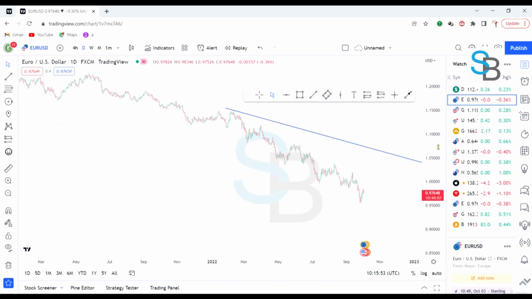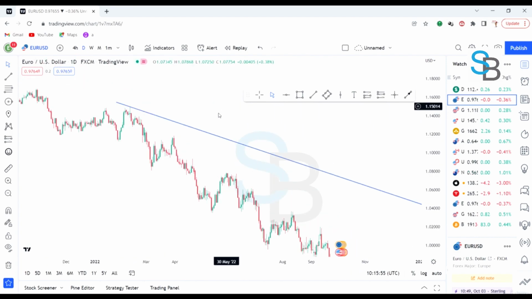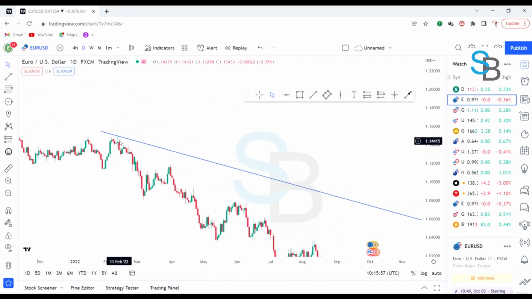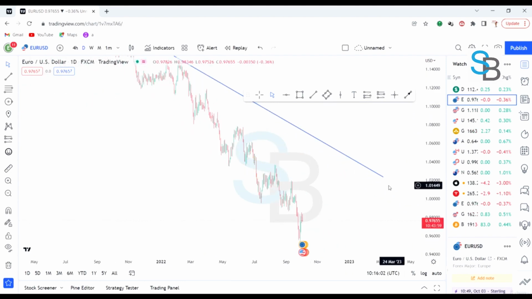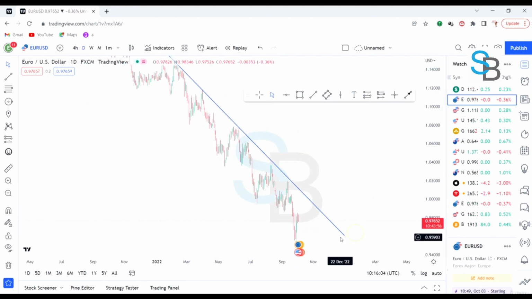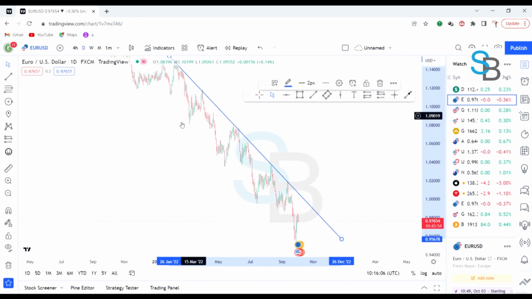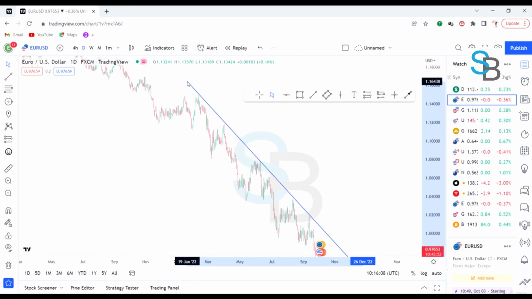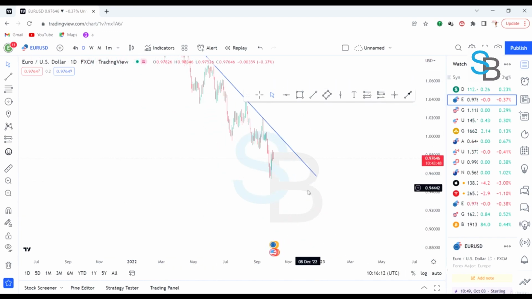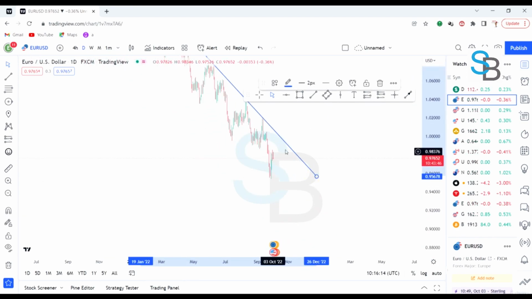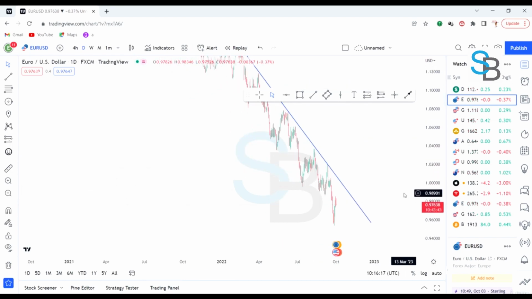Your trend lines have to be touching the wicks, the tips, the highest points. You draw it from this point and then across to the next high point. This is the proper way of drawing your trend line. You have to make sure it touches the wicks, or the shadows.